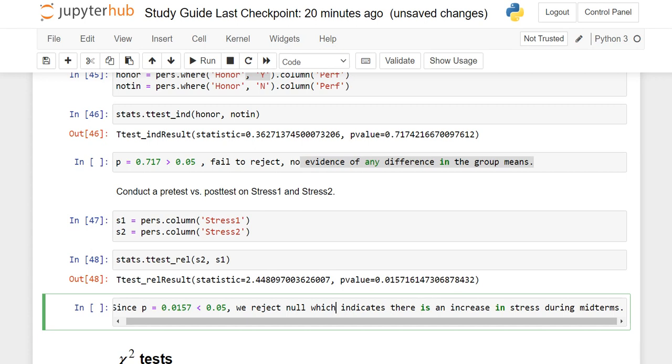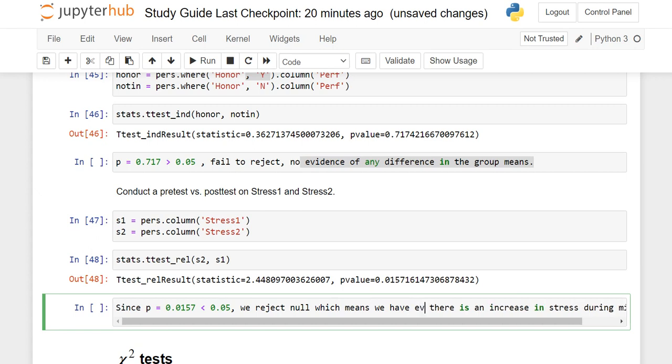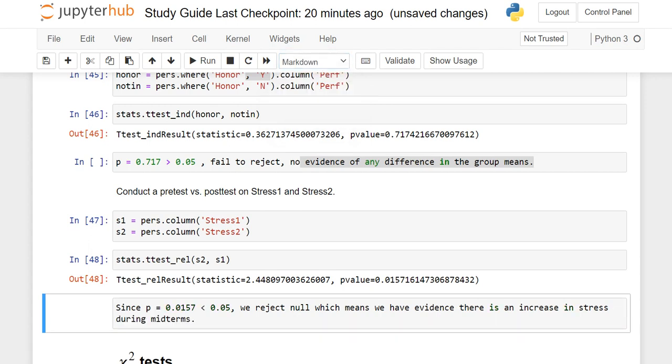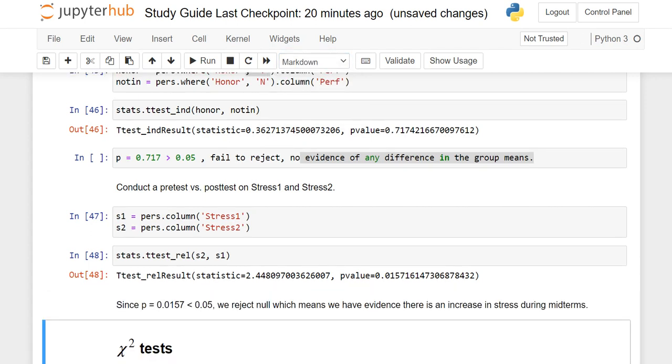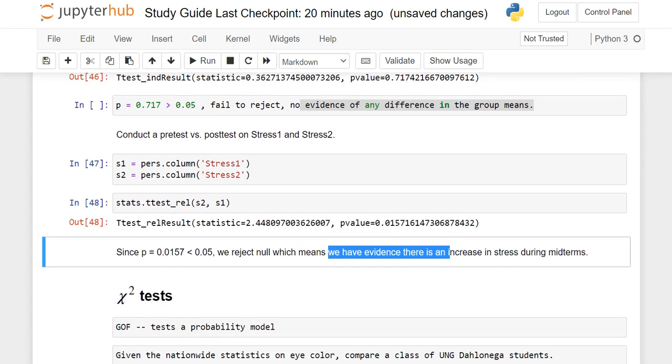Maybe I should say which means we have evidence there is. We never really prove anything with statistics, and it's kind of sad. Even with really, really small p-values, we really just say we have evidence for something or another. Sometimes we have really, really strong evidence, but it's good to leave this just a little bit equivocal.